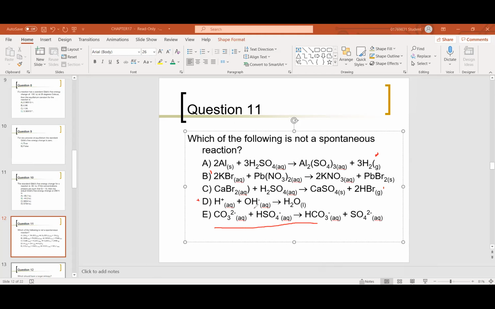I don't think this one needs energy. This one I don't think needs energy. This one doesn't seem to need too much energy. Potassium and lead. More entropy on this side. I'm okay.